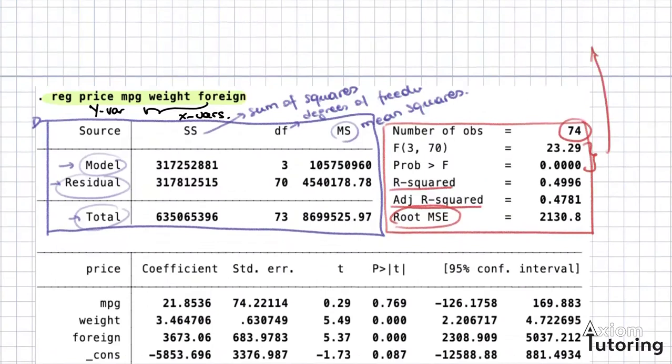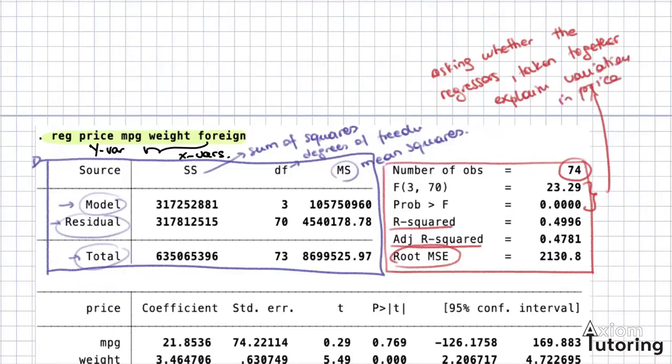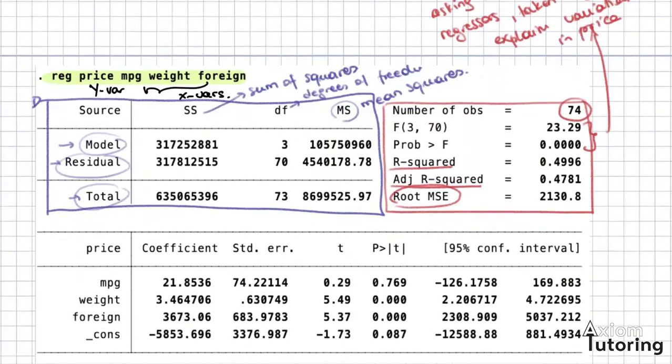So it's a little bit of how good of a model you have constructed. We'll come back later to the F-test. For now, just know that this is a model level test and not about one coefficient.